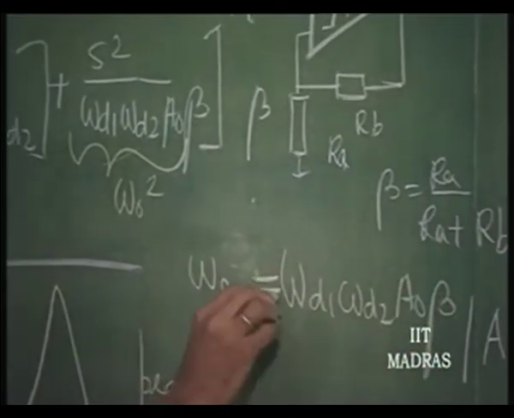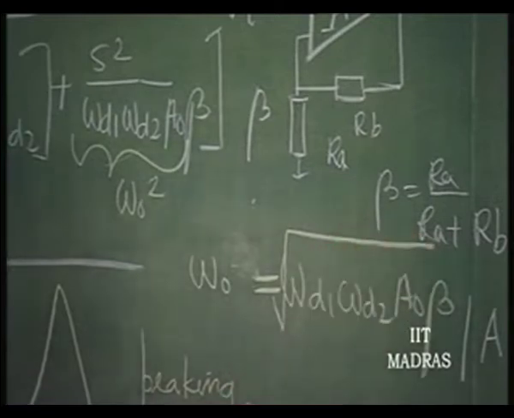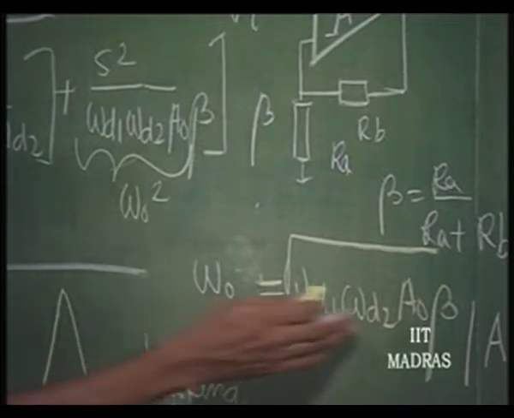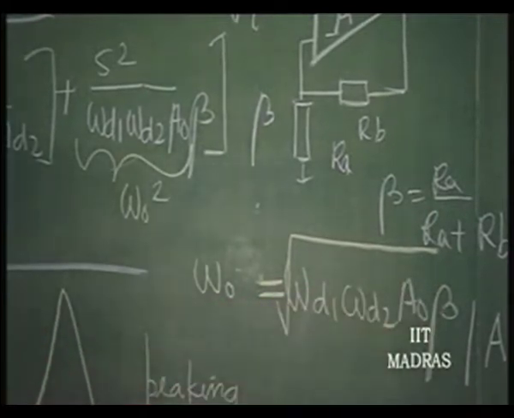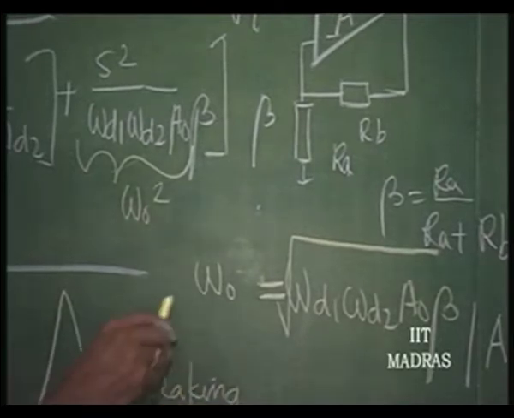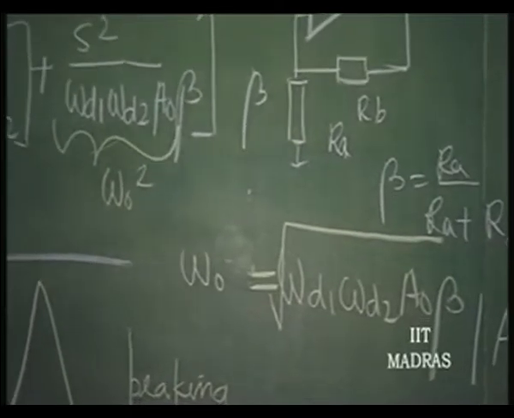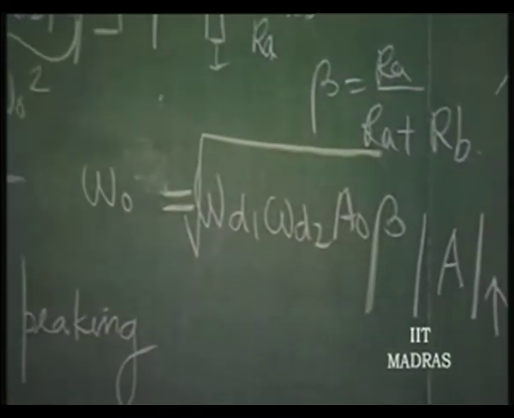Natural frequency of this system is root of omega d1 into omega d2 into a naught beta, at a fairly high frequency, because a naught beta may be pretty high, even if omega d1 and omega d2 are pretty low. So, at fairly high frequency, it has a natural frequency. Okay, I am not bothered.